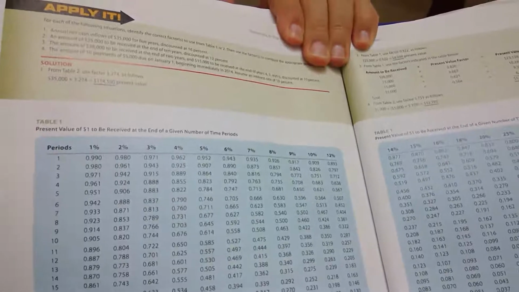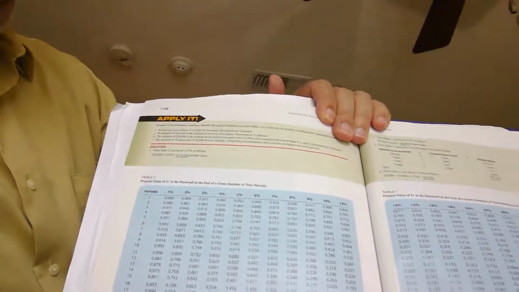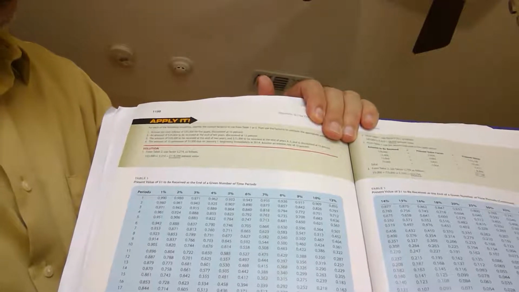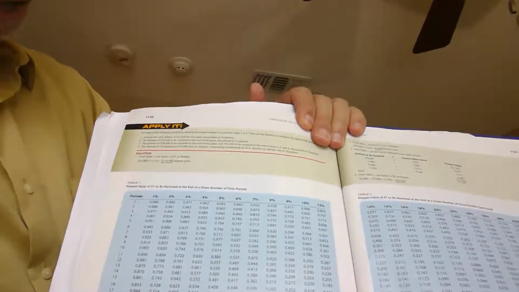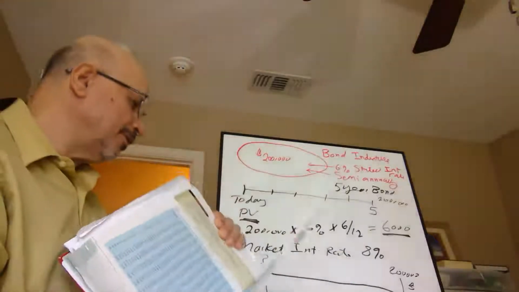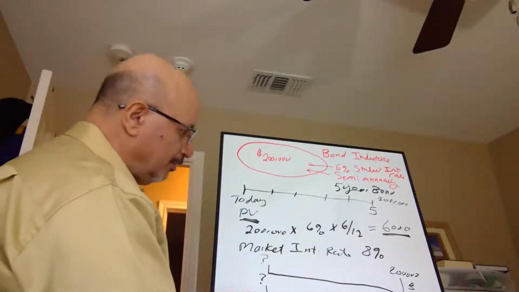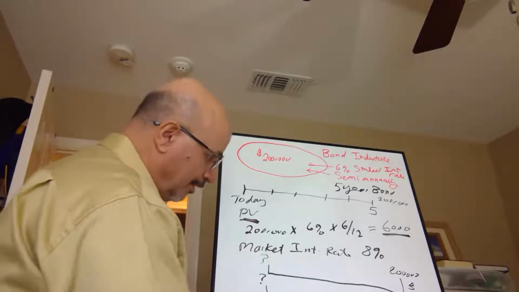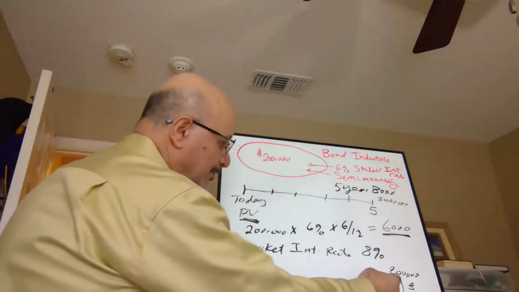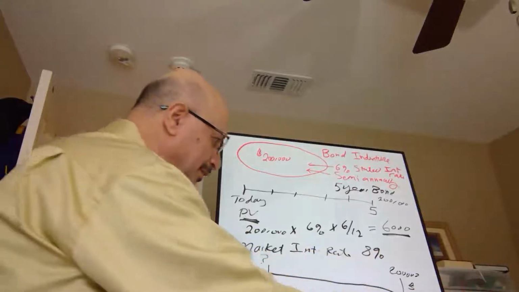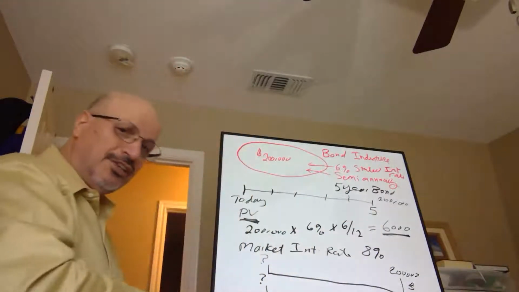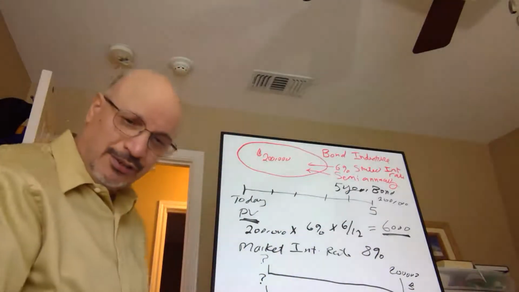What does it say? Present value of $1 to be received at the end of a given number of time periods. That means this 200,000, we're going to receive 200,000 in 5 years. How much is it today?